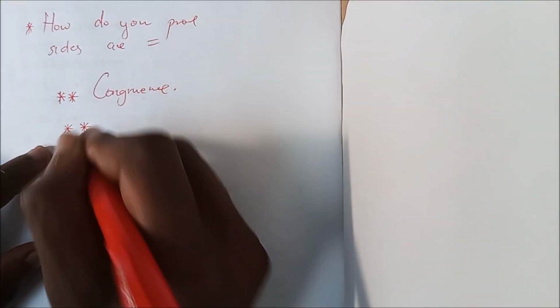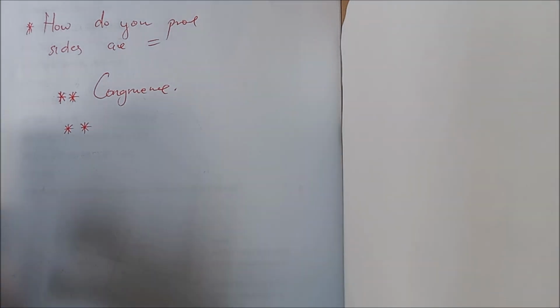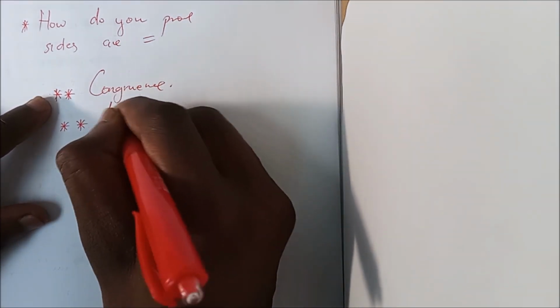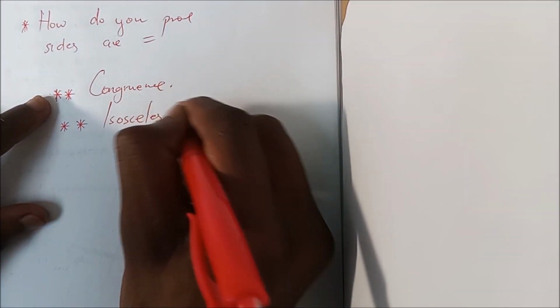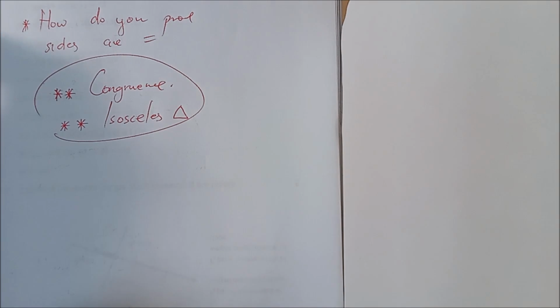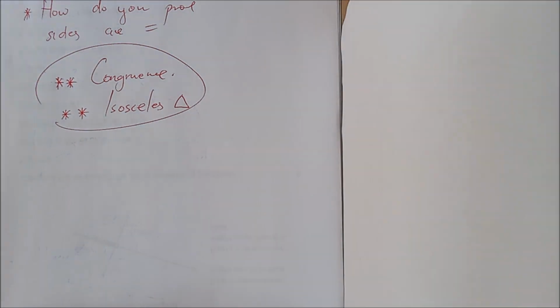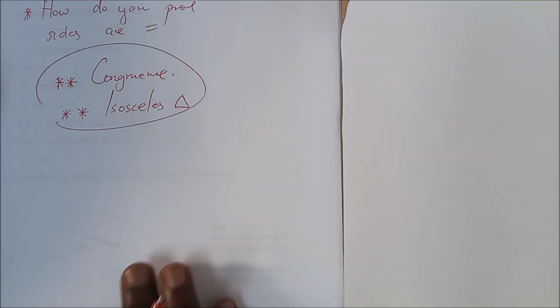If you can prove that two triangles are congruent, that will mean their sides have to be equal. The second one is the isosceles triangle. We use the two to prove that two sides are equal in Euclidean geometry, and I will show you how to go about using these ideas.